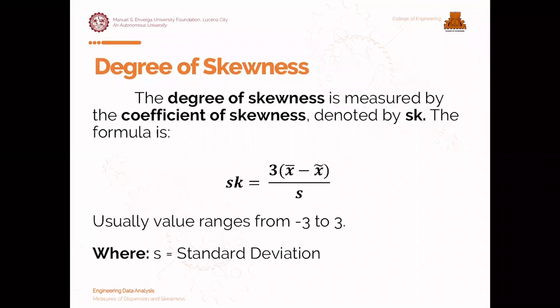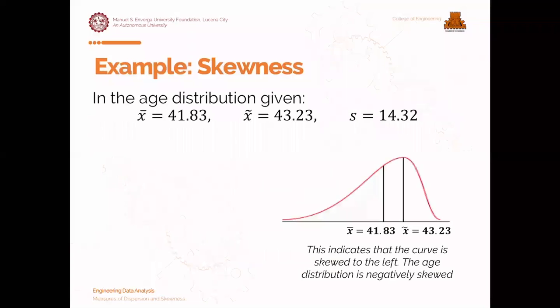Okay? So let's have an example. So yung age distribution natin, may given age distribution na ang mean is 41.83, ang median is 43.23, and meron siyang standard deviation of 14.32. So, calculating yung degree of skewness natin equals 3 times x bar minus x tilde, all over s.